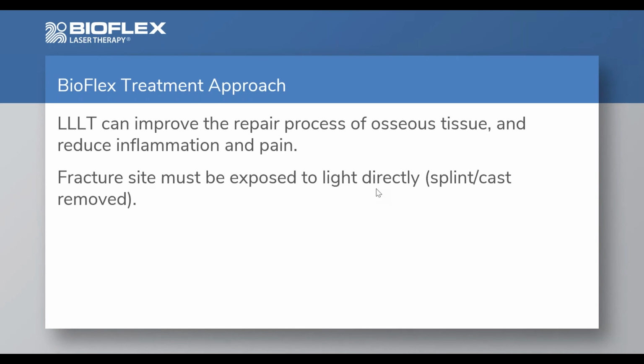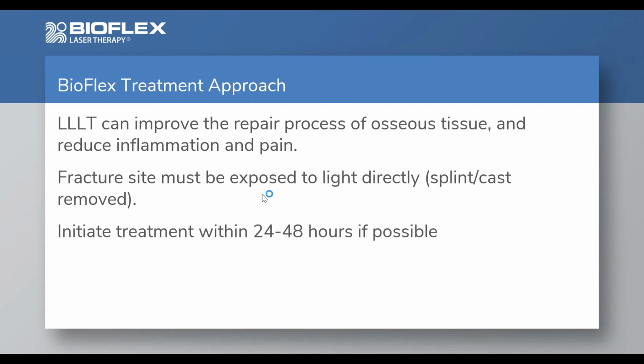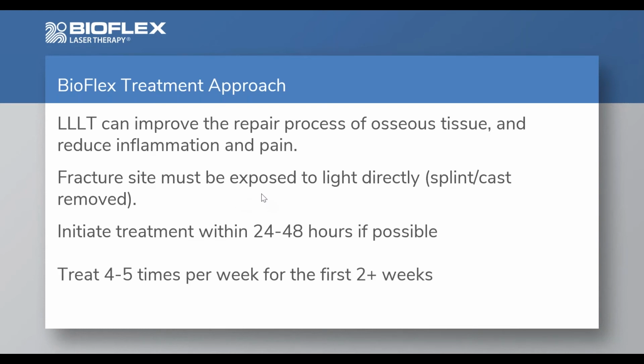You do have to expose the light directly to the fracture site. So either a removable splint or cast. You can't obviously treat it through a barrier like a cast or unmovable splint. As soon as possible, start treatment within 24 hours, 48 hours if possible, is really important. We usually advocate treating daily if possible.